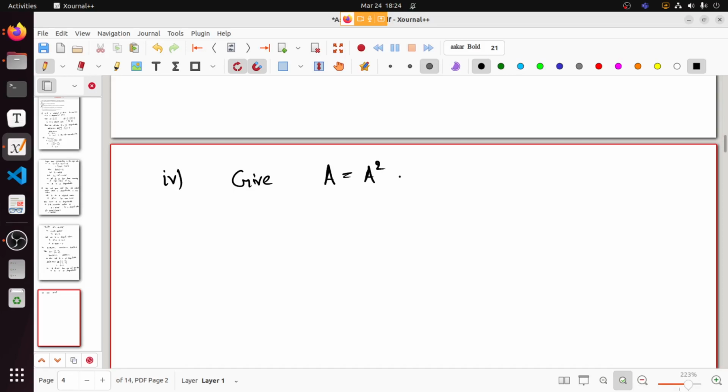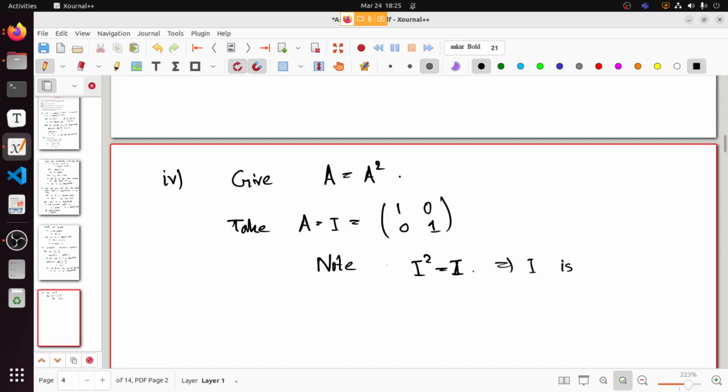So let's take A equals the identity matrix. Take A equals I, the 2 cross 2 identity matrix, 1 0 0 1. Note that this is idempotent, since I square equals I, which implies I is idempotent.